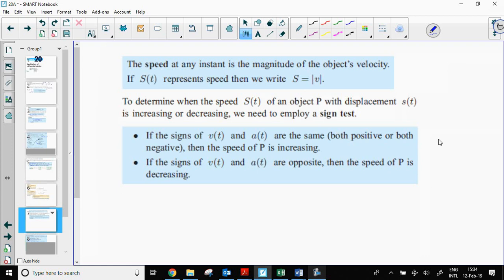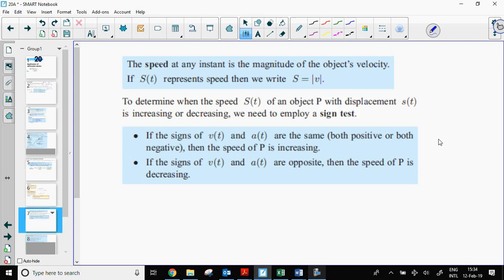Last thing, speed is not the same thing as velocity. Speed is the absolute value of velocity. If we find out that the sign of the velocity and the acceleration are the same, whether they're both positive or both negative, then the speed is increasing.